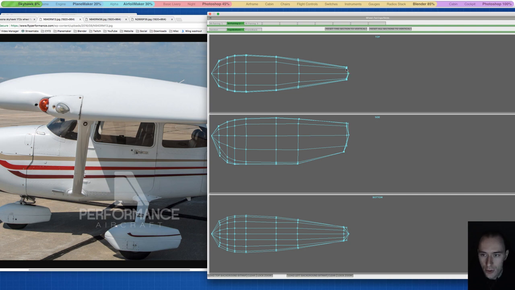It should perhaps be much smaller, narrower. No, that's not true. This is good.